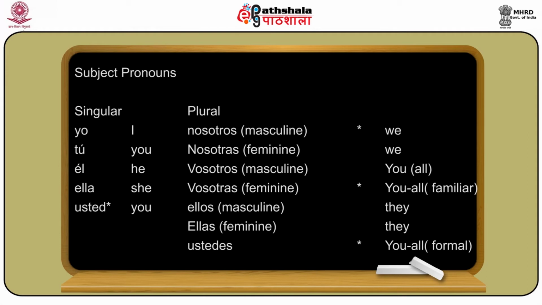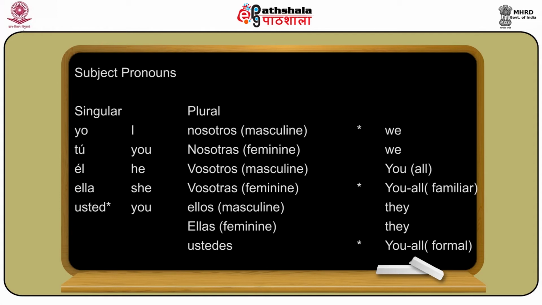For example, I can be said in Spanish as yo, you is tú, he is él, she is ella, and you formal is usted. So you can be said in two ways. One is informal, that is tú, and the other is in formal context, and that is usted.